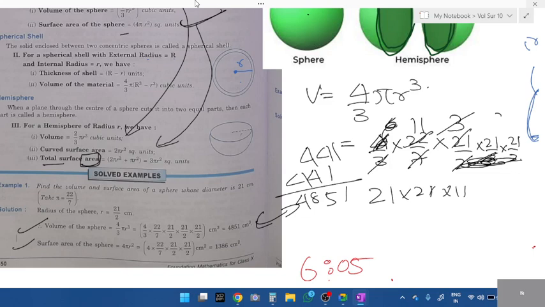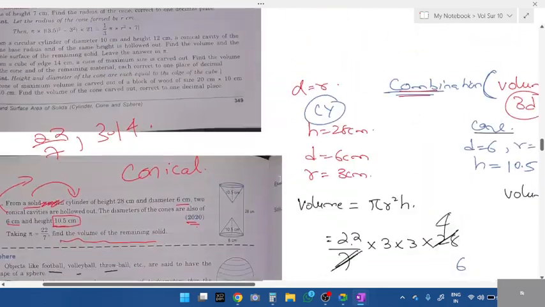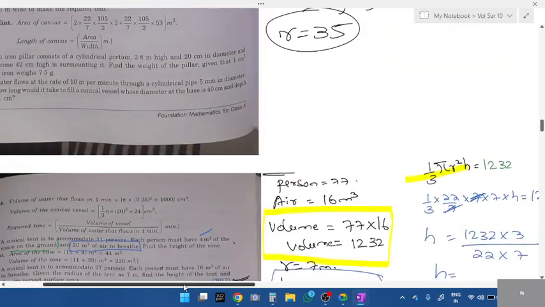4 by 3 pi r cube, 4 pi r square. After the class, write all three formulas together beside one another.